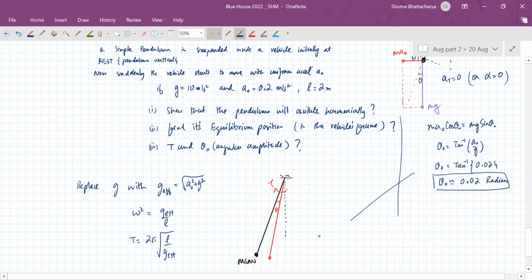The torque will give this kind of equation, where theta is small.